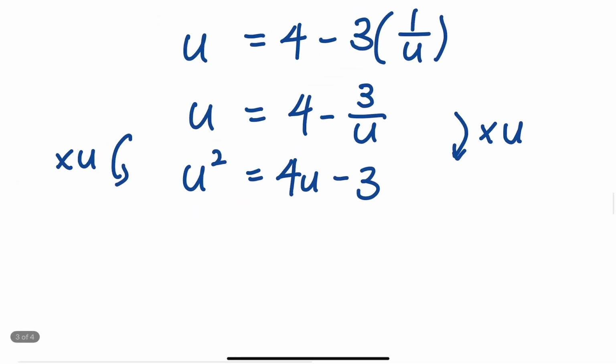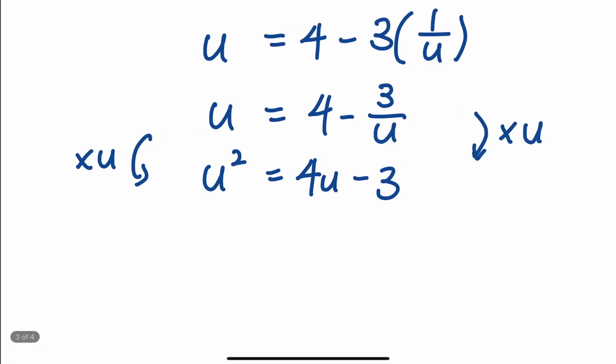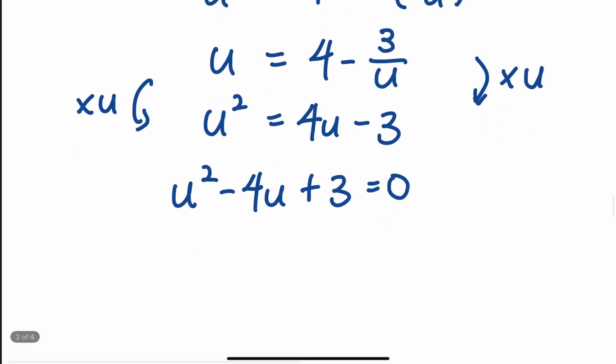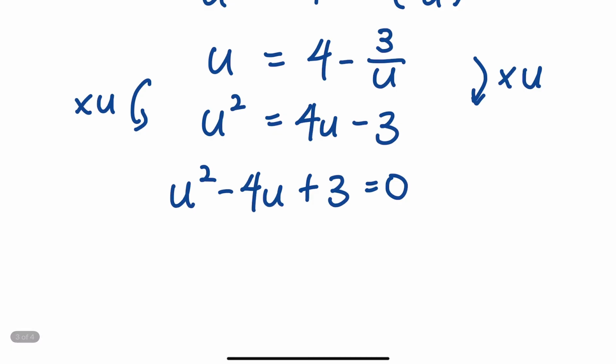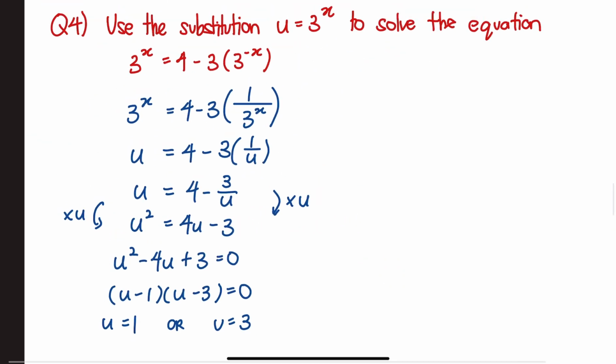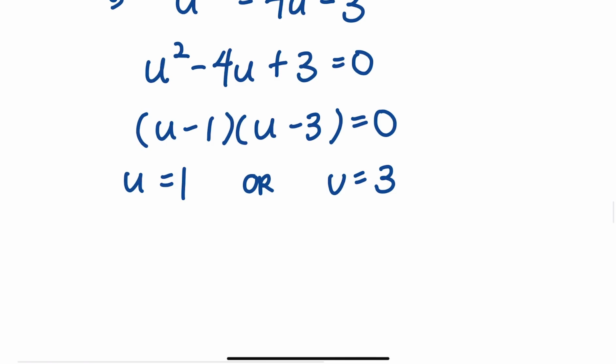I just need to solve this as usual. So make the right hand side 0. u square minus 4u plus 3 is equal to 0. By solving this by factorization, I should get u minus 1 times u minus 3 equals 0, which will give me u equals 1 or u equals 3. Since u is equal to 3 power x, this means 3 power x is equal to 1 or 3 power x equals 3.